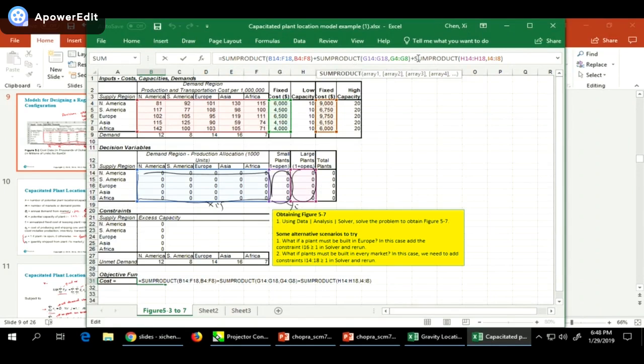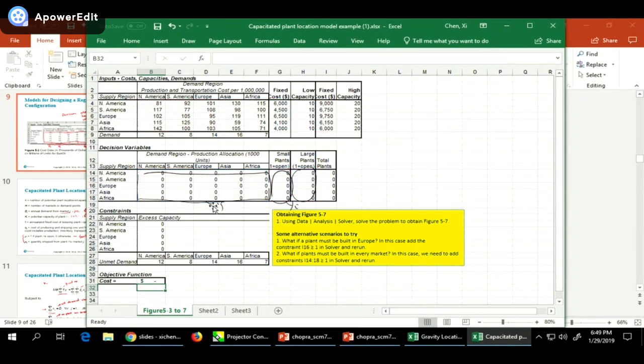And similarly, the third term is for large capacity plants, H14 to 18 multiplied by I4 to 8. These are also Fi times Yi's. So these are all the components in our objective function.